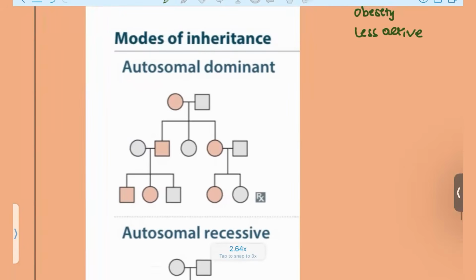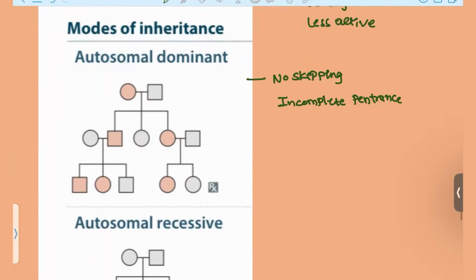In this pedigree chart, you can understand two things. Autosomal dominant does not skip generations, so every generation is involved. It also shows incomplete penetrance, and only heterozygotes are involved. Next, variability of the symptoms: from person to person, there will be variability of symptoms.